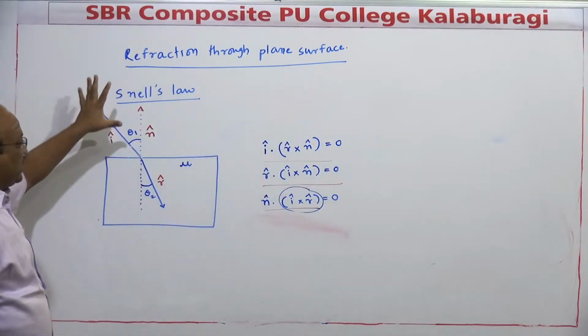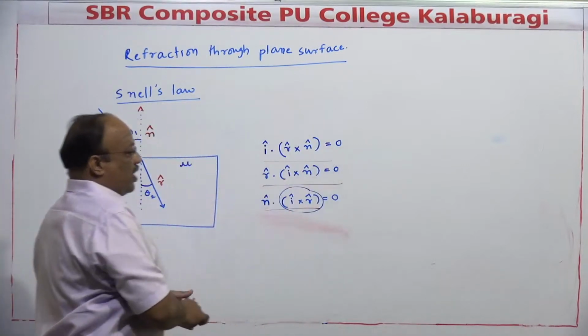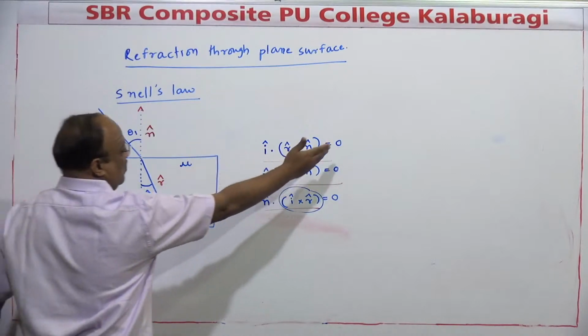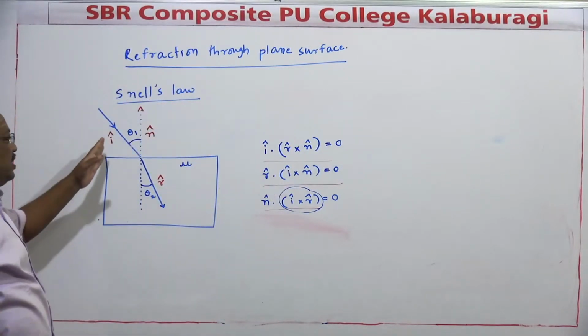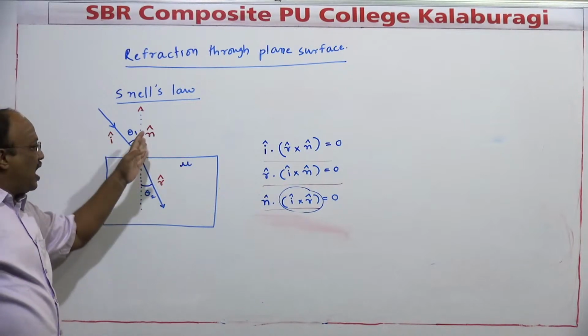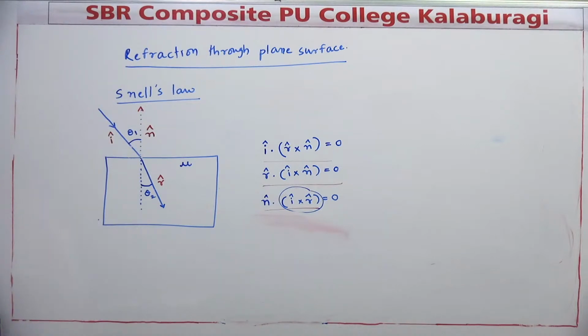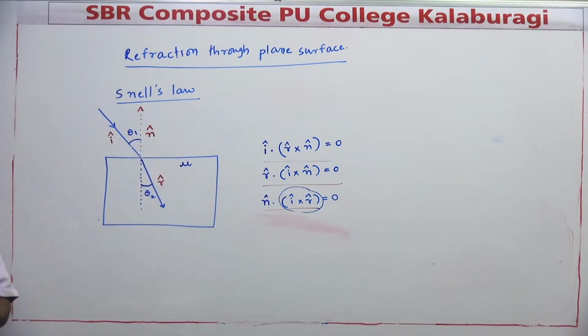So the triple product of unit vectors I, R and N represents Snell's first law in vector form.